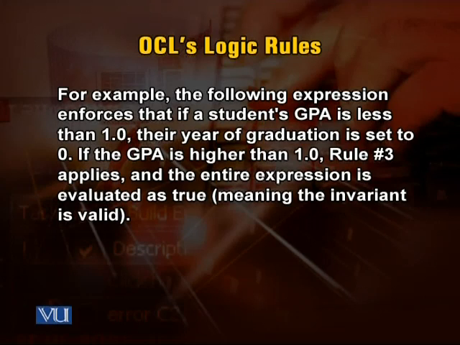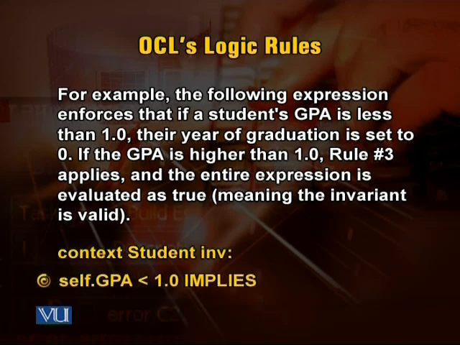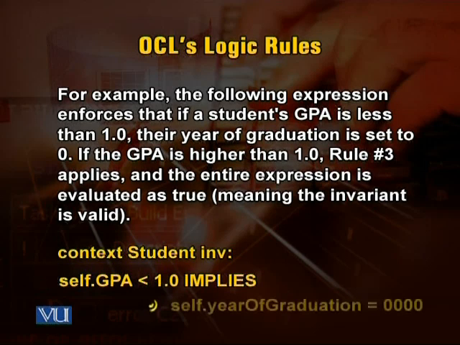If the GPA is higher than 1.0, rule number 3 applies and the entire expression is evaluated as true. And rule number 3 is this implication, meaning that the invariant is valid. So here is how we are going to write it. Context student invariant, self dot GPA is less than 1.0 implies self dot year of graduation is equal to 00.